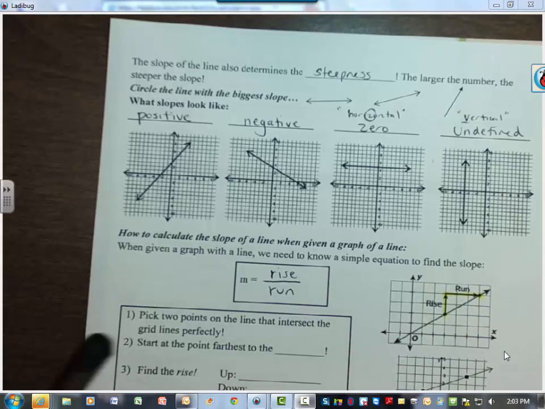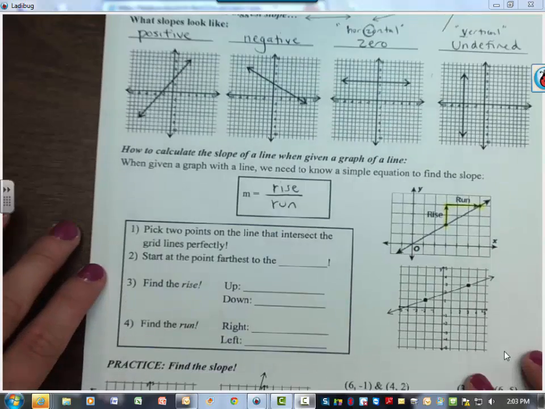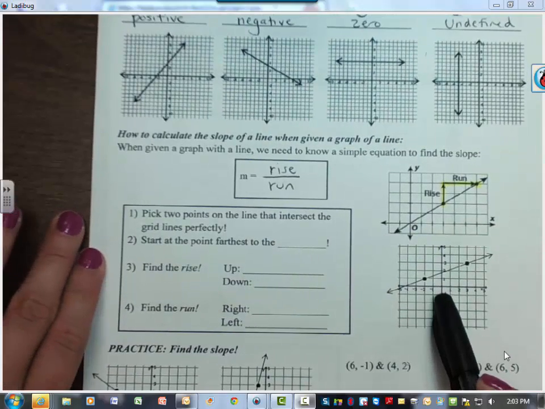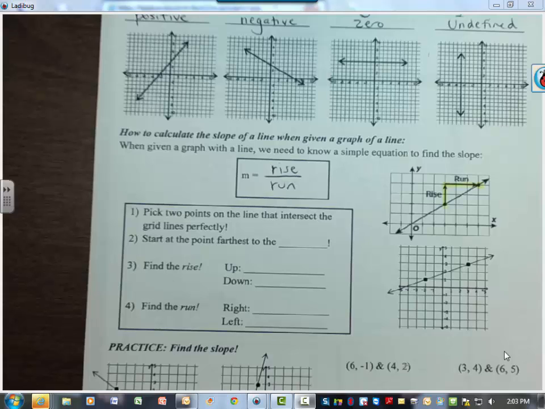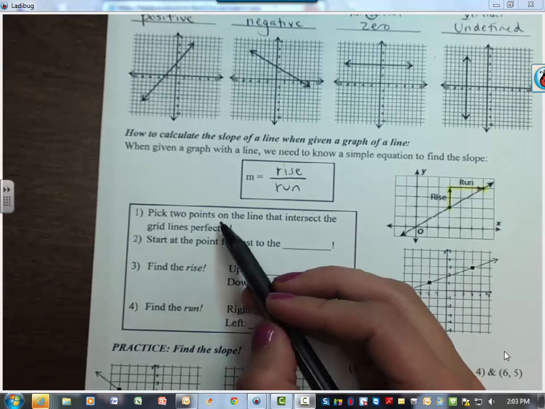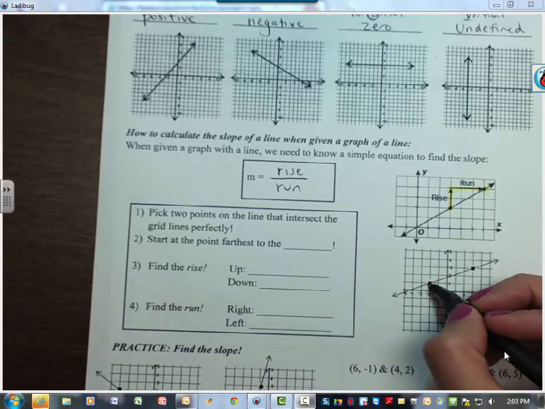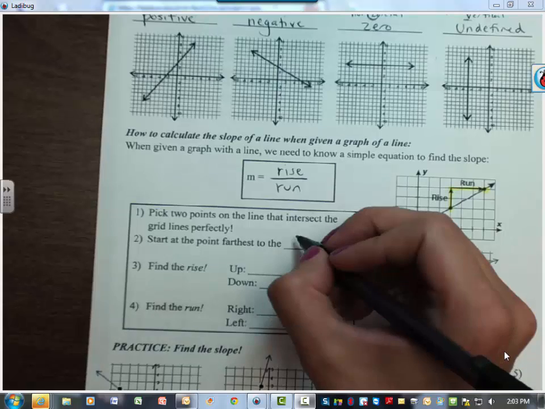So the way that we have to do this, the problem is going to give you a graph with a line with 2 points, or sometimes you might have to put points. And when you do have to do that, make sure your points intersect the grid perfectly. So in this case, I have my 2 points, and I'm going to start with the one furthest to the left.